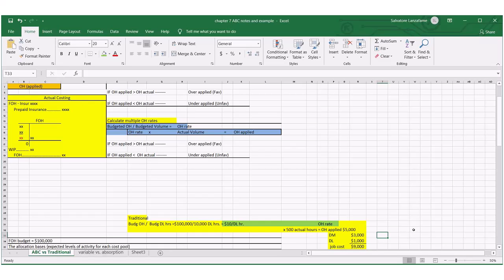So if you think of, let's say you have a receptionist that works at your job, okay? And let's say the receptionist answers the phone 4 hours of the day, and let's say 2 hours of the day they greet people, right? And let's say another 2 hours of the day they do filing. There's 3 different activities that this individual is being paid for.